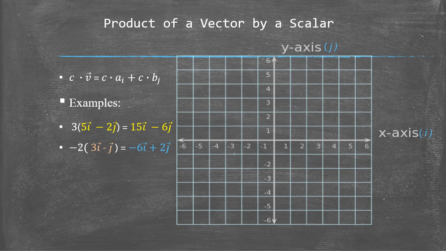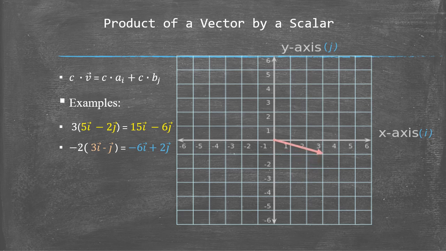When we multiply a vector by a scalar, we call that the product of a vector by a scalar. So any vector multiplied by a scalar, it means each component is multiplied. For example, 3 times 5i minus 2j, that's 15i minus 6j, and negative 2 times 3i minus j, that's negative 6i plus 2j.